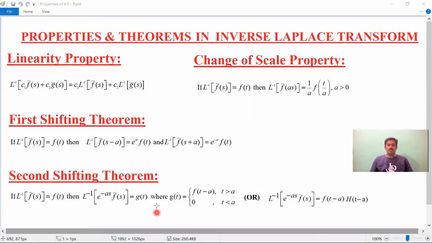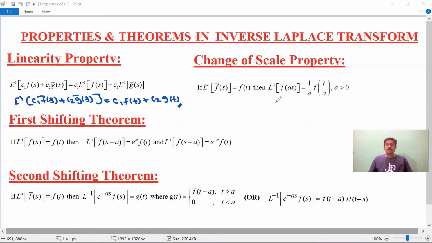This result can also be written as L inverse of C1 f bar of s plus C2 g bar of s equal to C1 into f of t plus C2 into g of t.